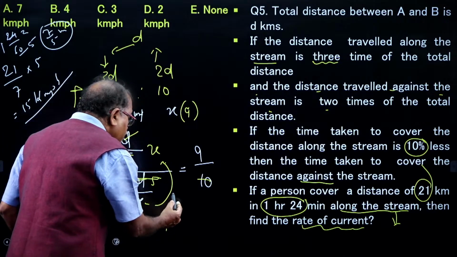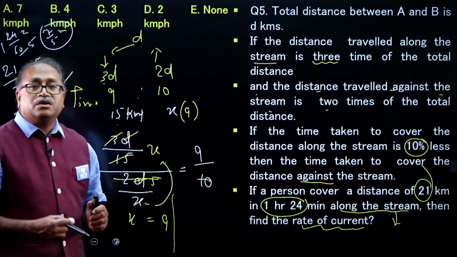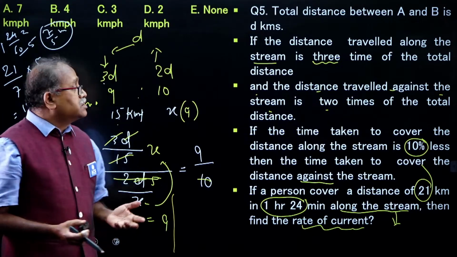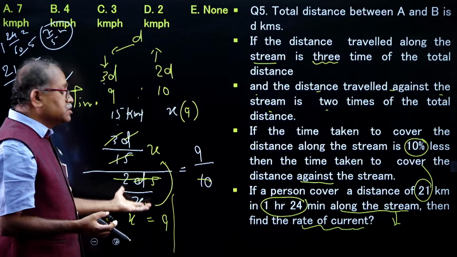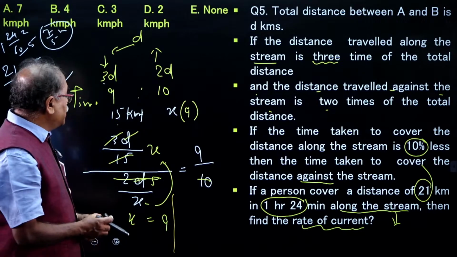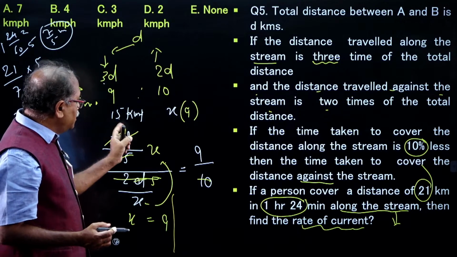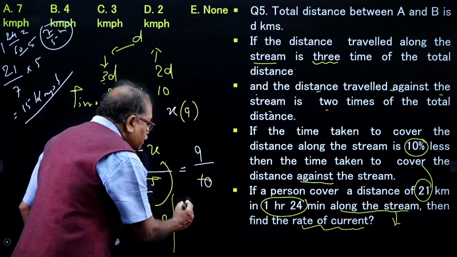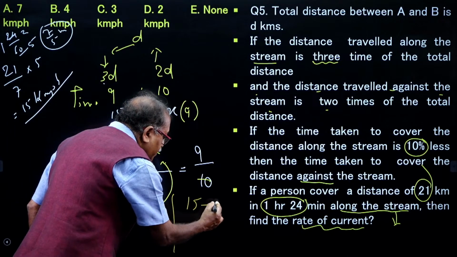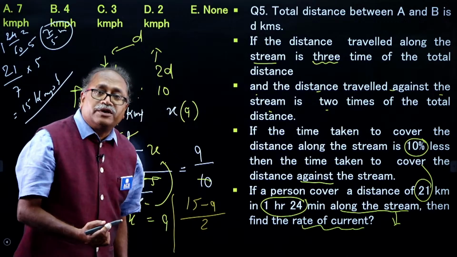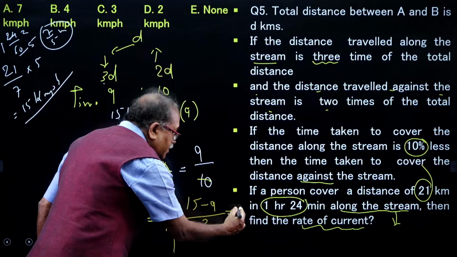If you do not know all the concepts of boats and stream, somewhere you will get stuck. I am using all the concepts in order to answer this question. So, here I require 15 minus 9 divided by 2, and that is 6 divided by 2, which is 3.